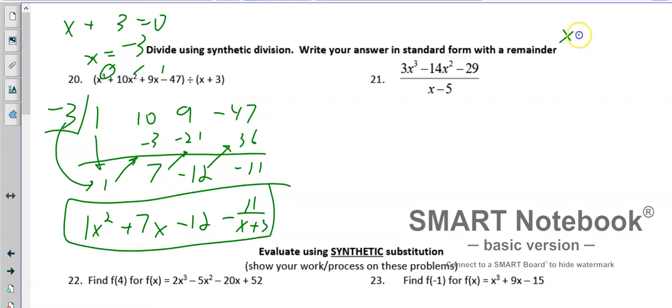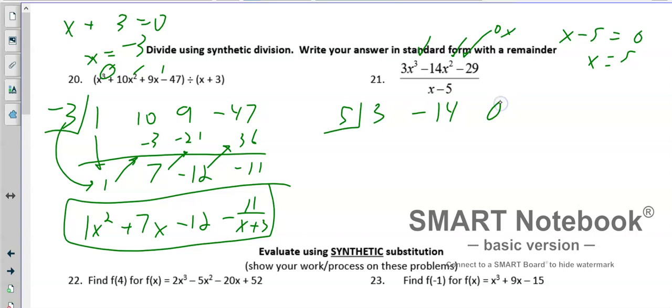Over here, we're doing x minus 5 equals 0. Okay. X is 5. That's the number that goes in the box. Now, looking at my exponents, I have a 3, I have a 2. This time I don't have a 1, so I'm going to have a 0. So it's 3, negative 14, 0, negative 29. Drop the 3, multiply by 5.